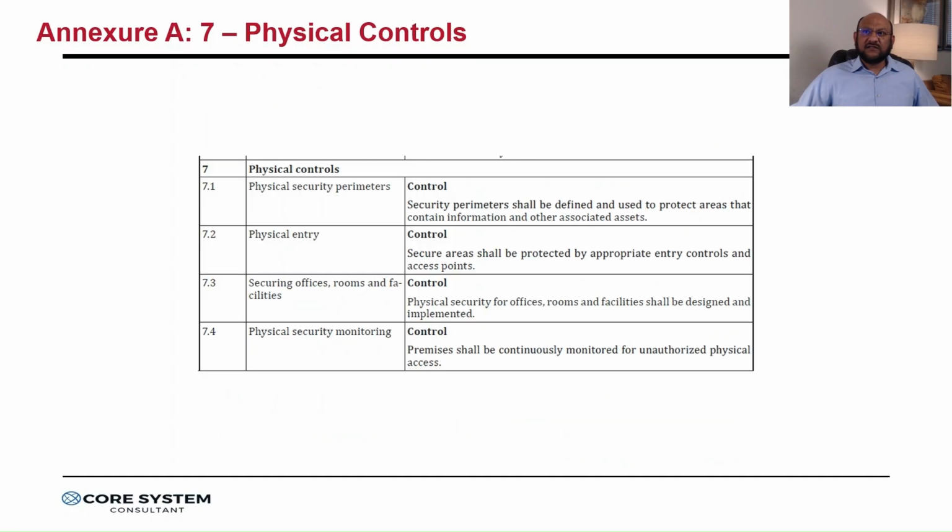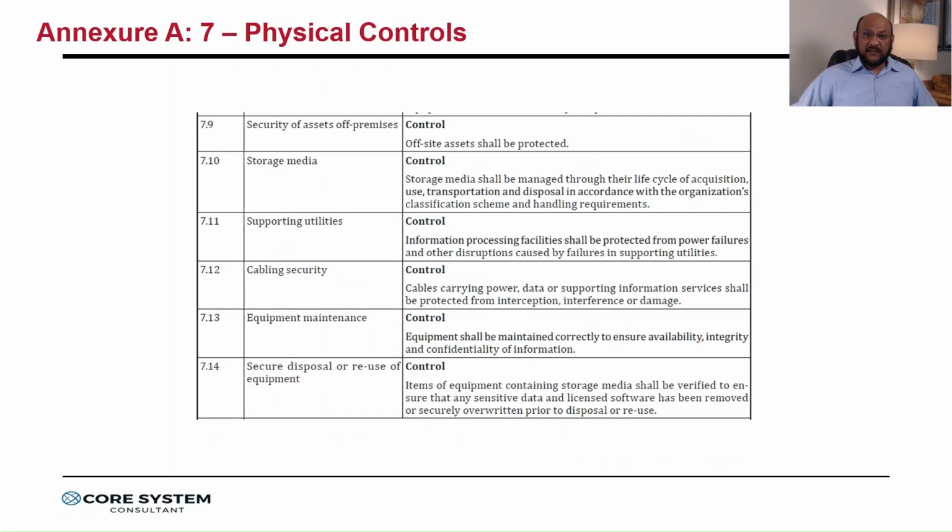Interestingly, for the physical controls, it can be declared as not applicable for virtual companies where the companies all exist on cloud based services and people are working remotely. So they do not have a practical office out there. So the physical control is one of those controls which can be declared as not applicable in that kind of a scenario.